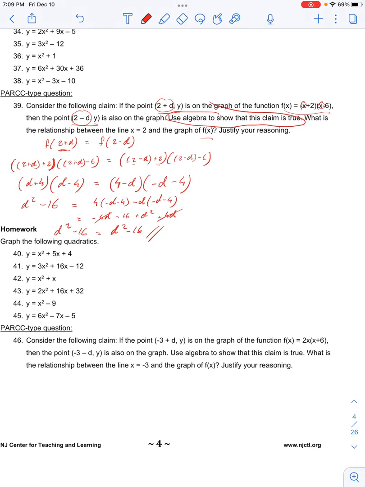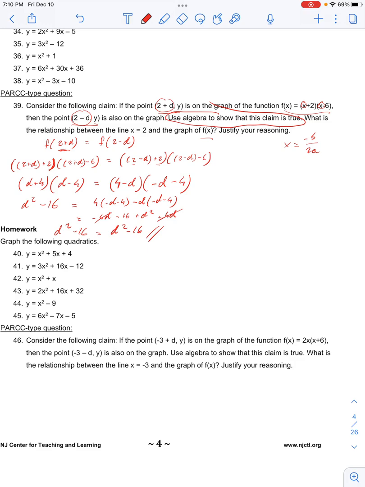And so what does this mean? If I wanted to find the x value for the vertex, my x value for the vertex would be -b over 2a, or it's the average of the two x-intercepts.